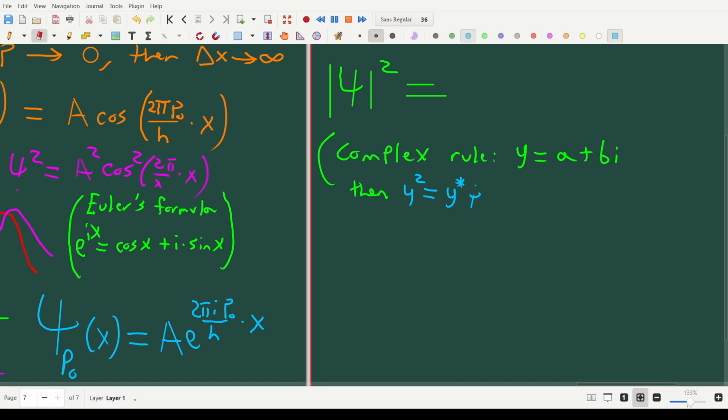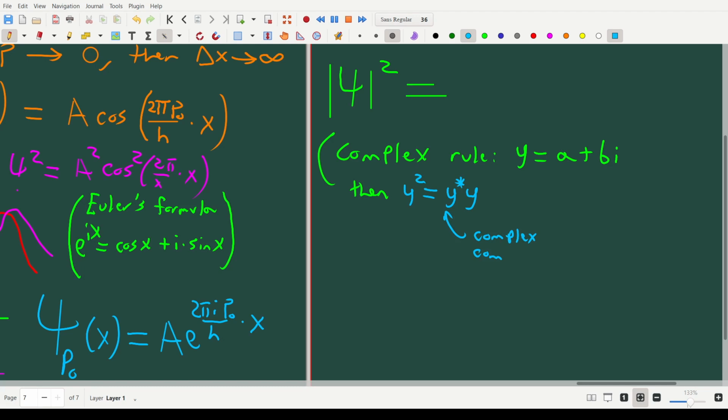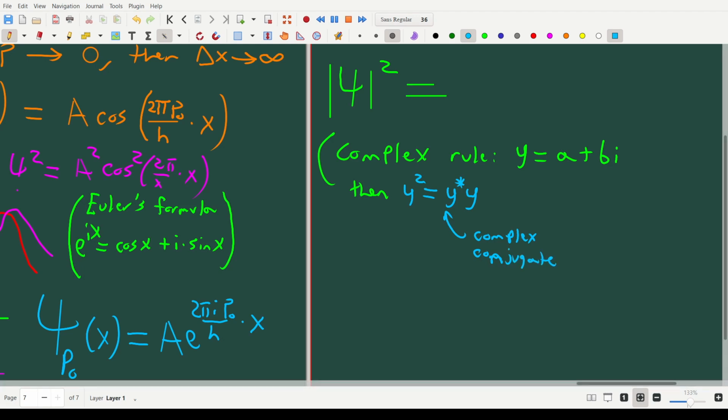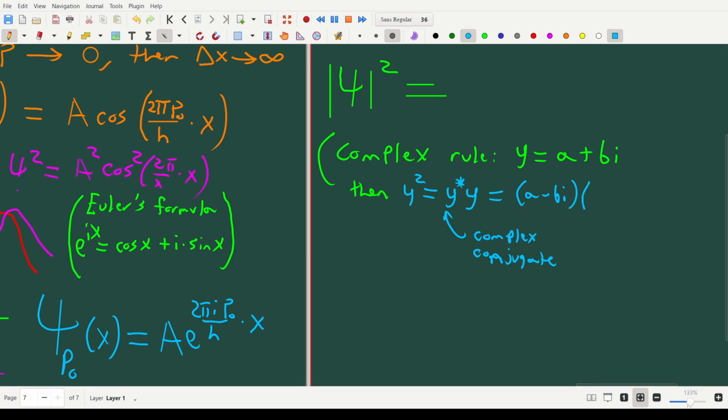Sorry, I keep writing psi because I'm just so used to writing psi. This is called the complex conjugate. A complex conjugate is where you take the imaginary part of the number and flip it by -1. So this is equal to a minus bi times a plus bi.